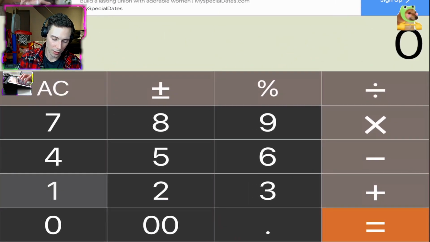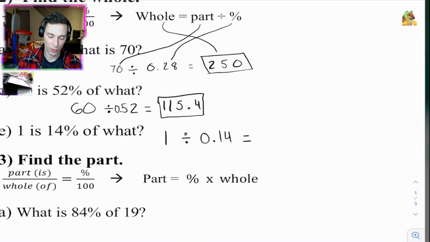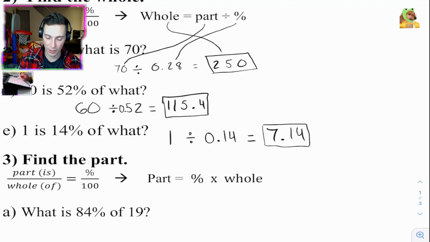Let's go 1 divided by 0.14, 7.14. It would not have worked, my mental strategy. Only for finding percent, I guess that works. Okay, 7.14. 1 is 14% of 7.14.